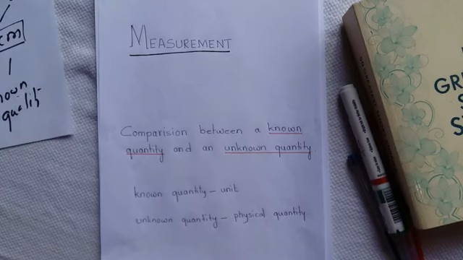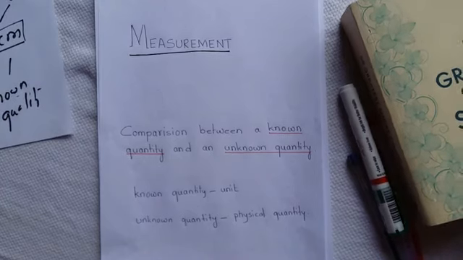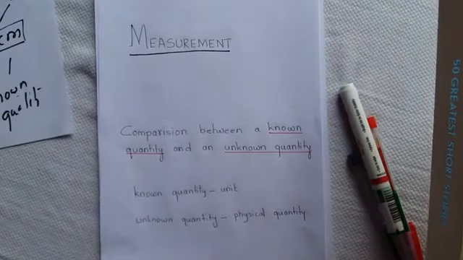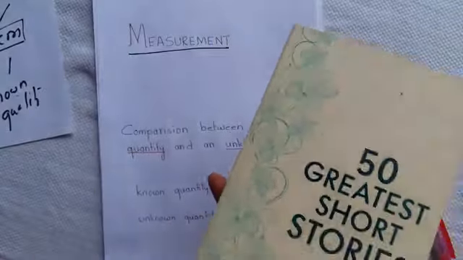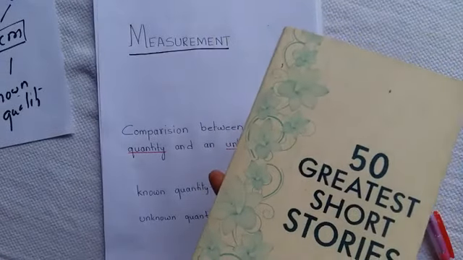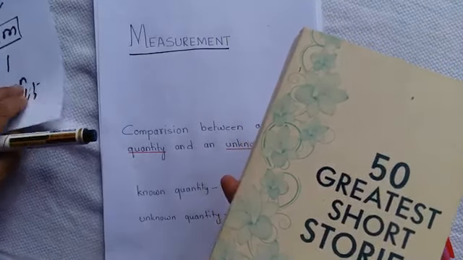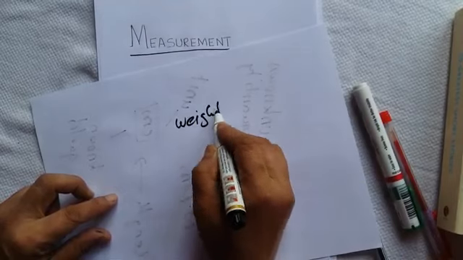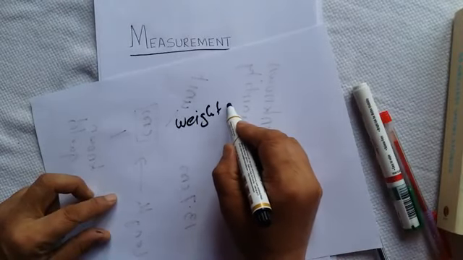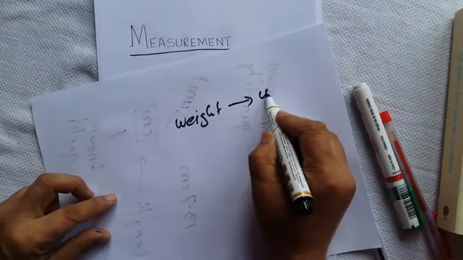Suppose you were asked to find the weight of this book. What would you do? You don't know the weight, so the weight is unknown quantity here.